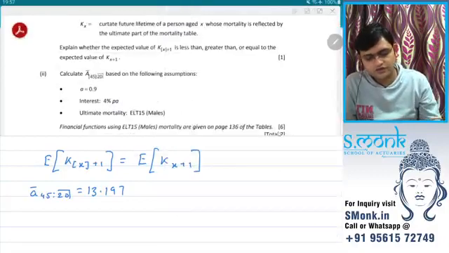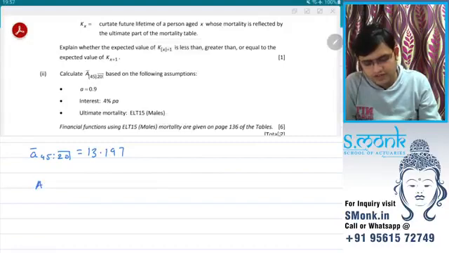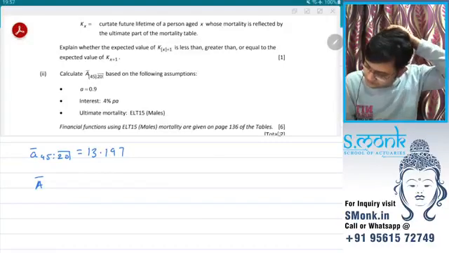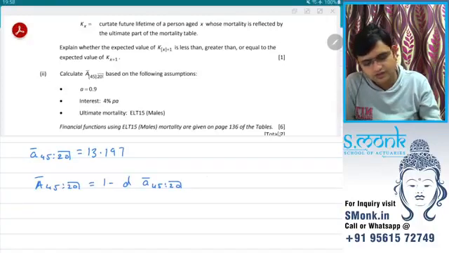Then if we want to calculate capital A, we'll say capital A bar 45:20 must be equal to 1 minus d times a double-dot 45:20, right?